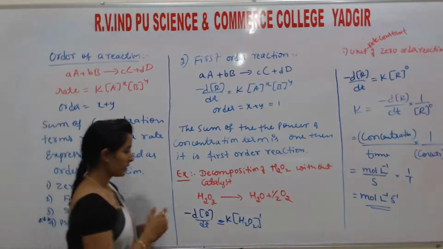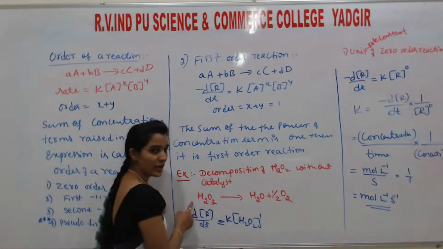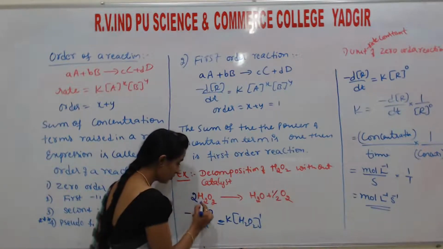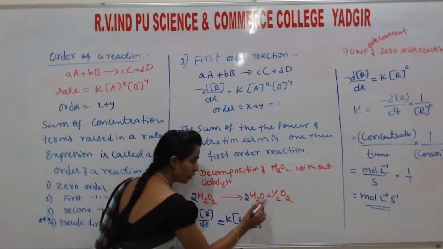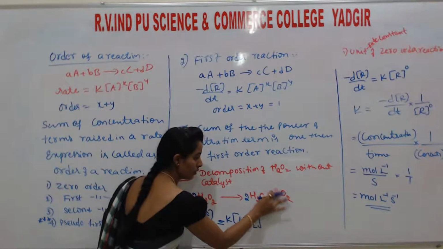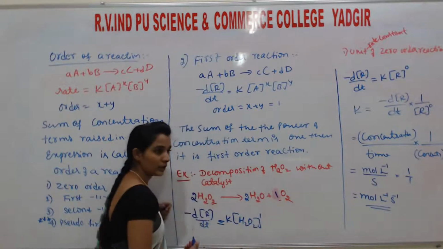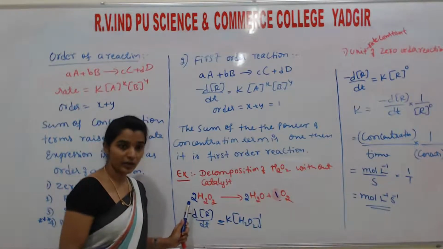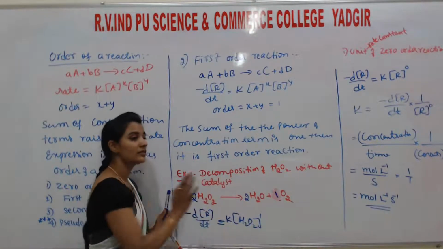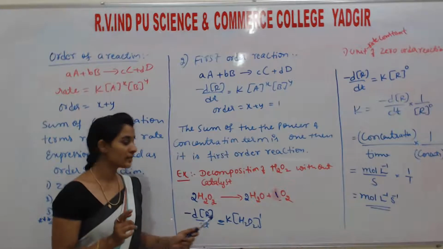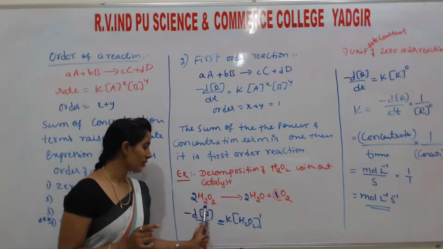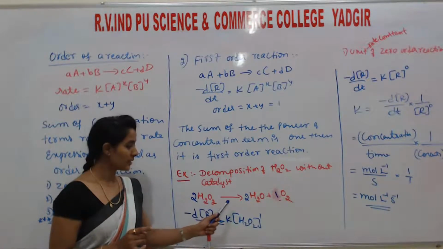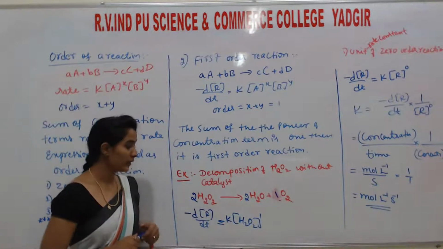So students, you listen, you may balance this reaction by multiplying with 2. Listen, this may be 2H2O2 giving 2H2O plus 1 O2, correct? So if it is in this form, it is not that it is a second order reaction, it is simply a balanced reaction. But the rate depends on what? Only the concentration of this H2O2.